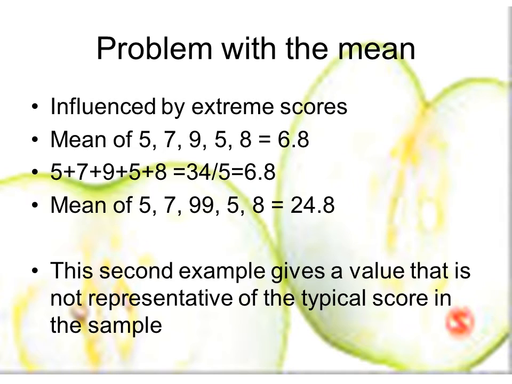So you can see, if we're going to measure things according to the mean, how having an extreme score could really alter our perception of the mean, or the average, within our data or within our scores.